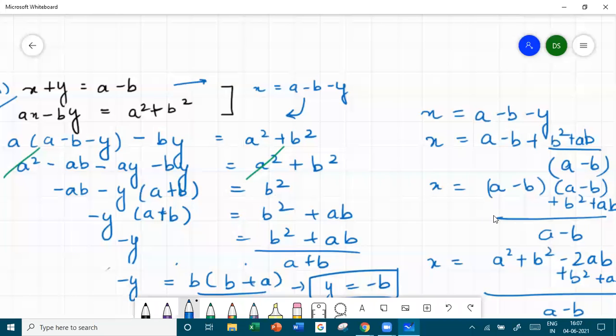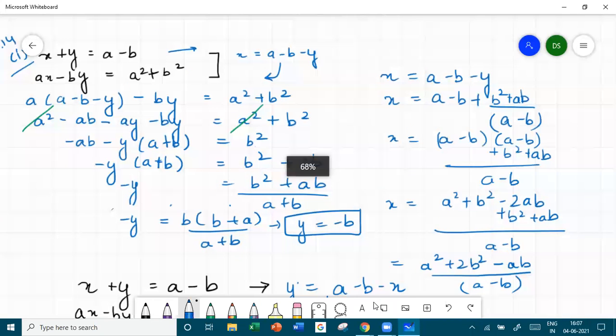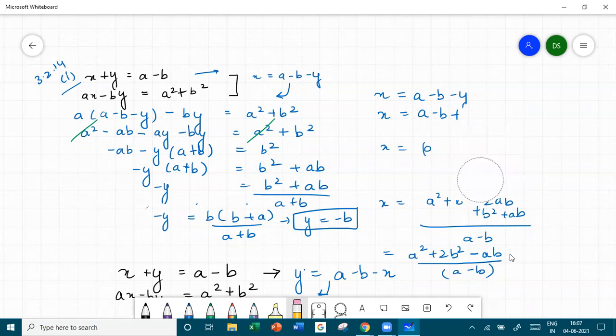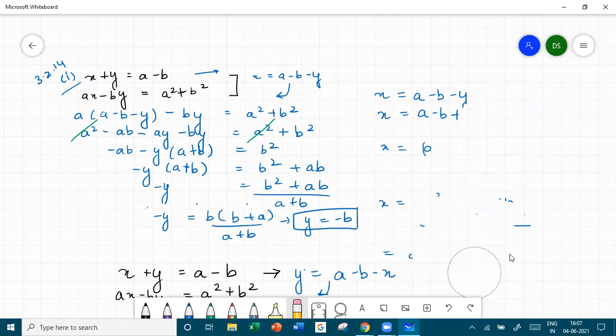Just a second. Right, so this becomes a minus b minus b.